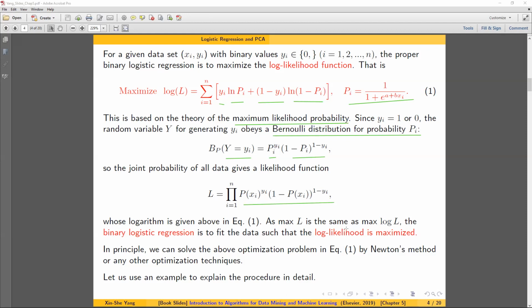As max L is the same as max log L, binary logistic regression is to fit the data such that the log likelihood is maximized.